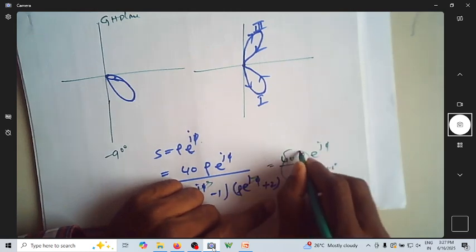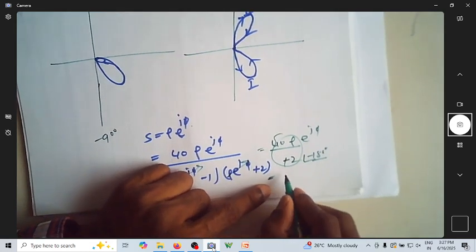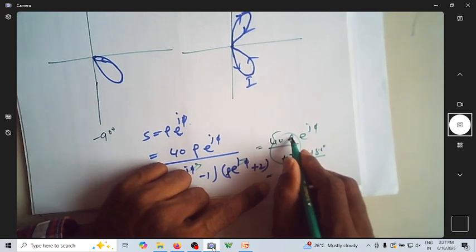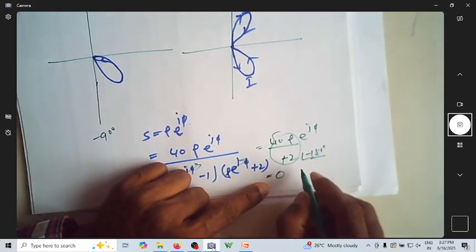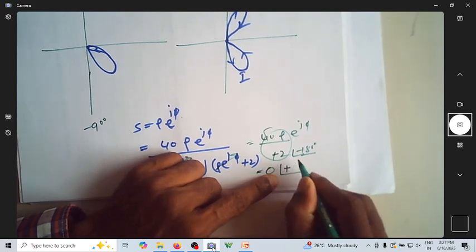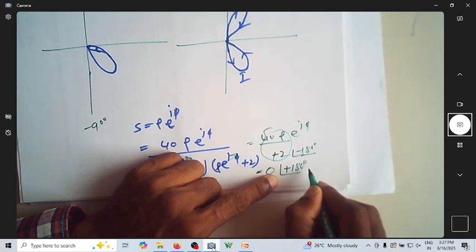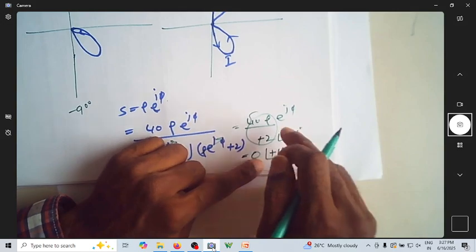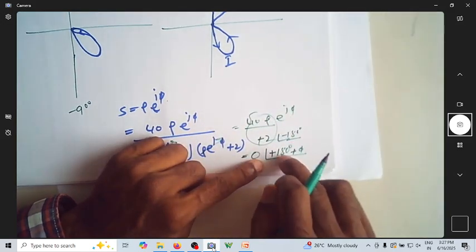So when that goes up, it will become plus 180 degree. This is rho tending to 0. So when rho is tending to 0, this will become 0 at an angle, and this minus will become plus 180 degree. Correct?